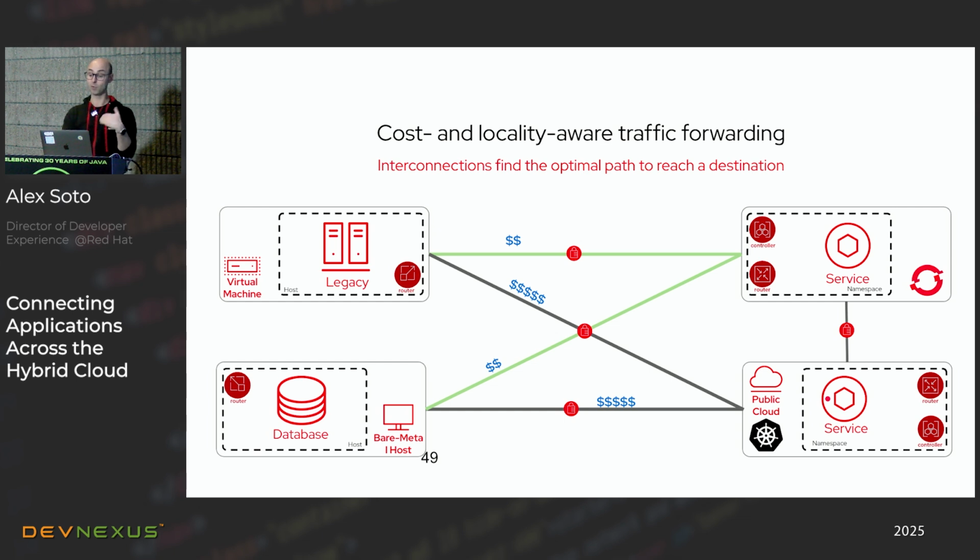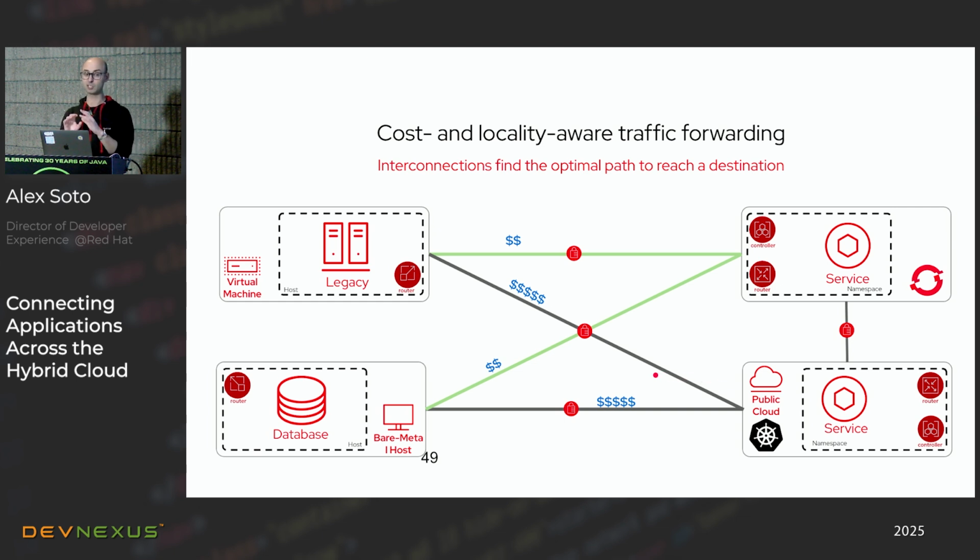And even if you want, you can define a cost for the connections. So you can define that the connection from here to here has this cost, from here to here this cost, and so on. Maybe it's because this is a super expensive cloud, so you want to avoid requests to this cloud.